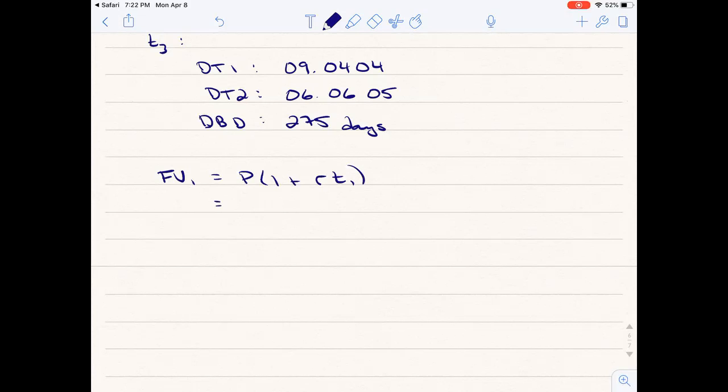P was the original value of the loan, which is 2,000 times 1 plus R, which was 0.075, and T1 was 113 over 365.